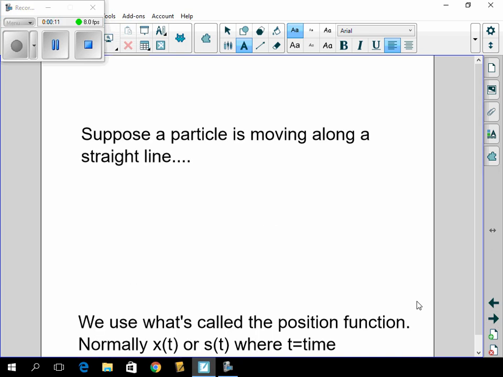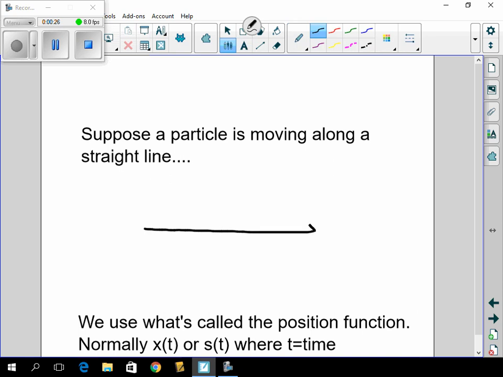So the first thing we need to talk about is what actually particle motion is. I like to think of a particle as a small ball, and we're talking about it moving along a straight line. So if I have a line that looks like this, 0 is my origin.